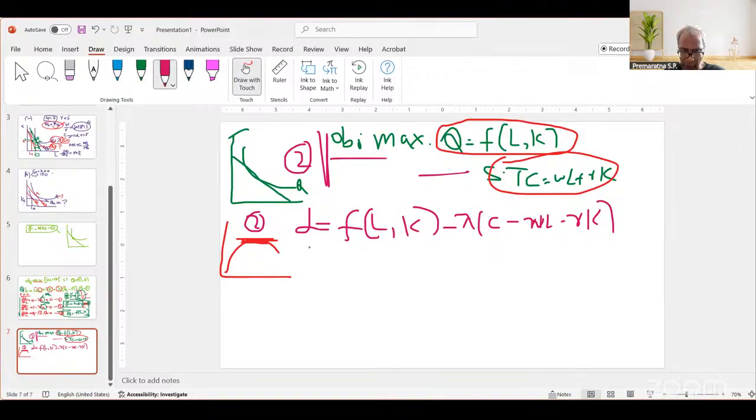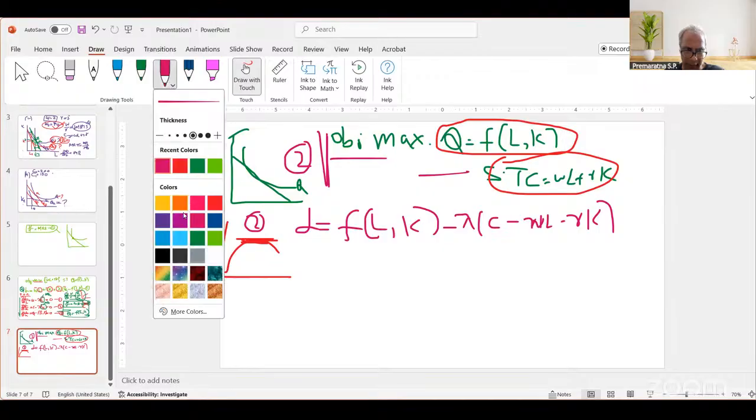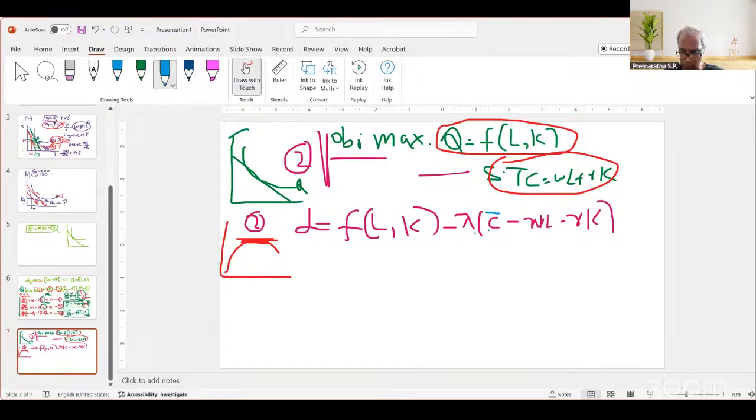Now when you look at this new Lagrangian equation, the cost and the wage rate W and R you know.